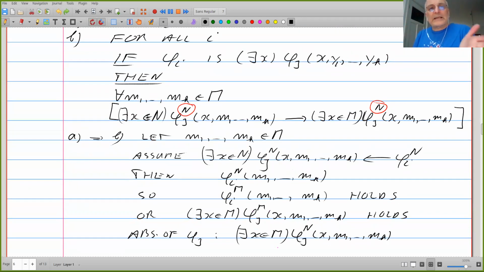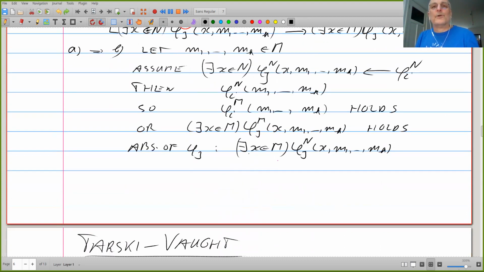It reduces the absoluteness to, if there is a solution to a certain equation in the larger structure, then there was already a solution in the smaller structure.